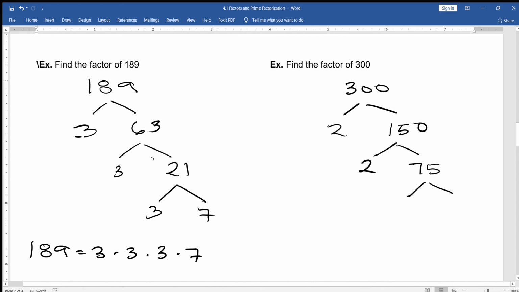75, can we divide by 2? No. Can we divide by 3? Oh, my bad. We can use 3. 75 divided by 3 gives you 25.